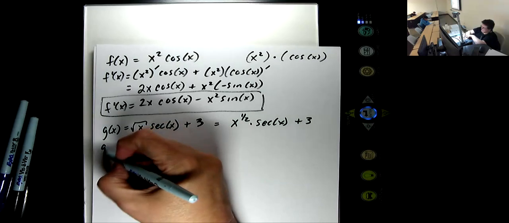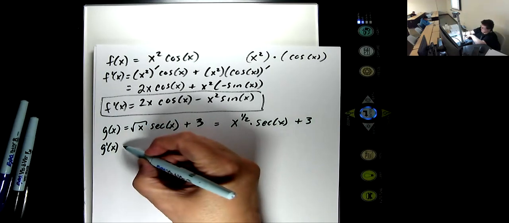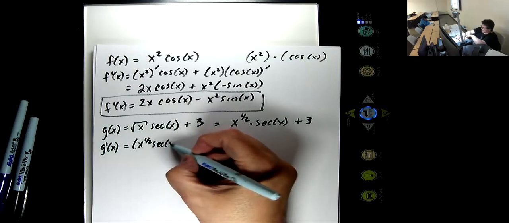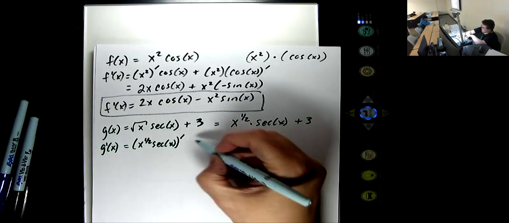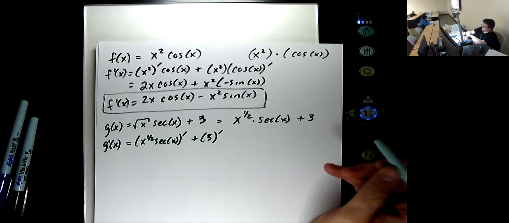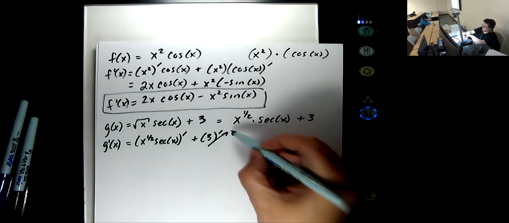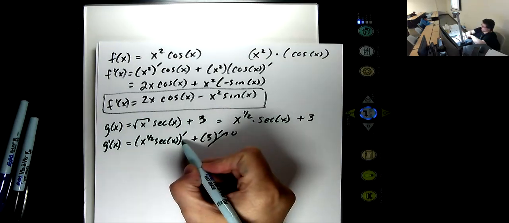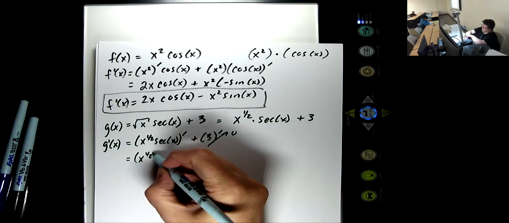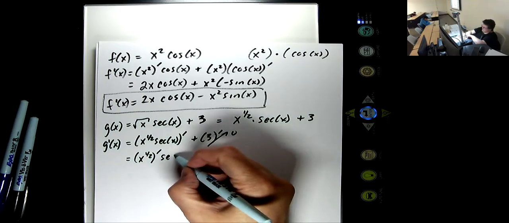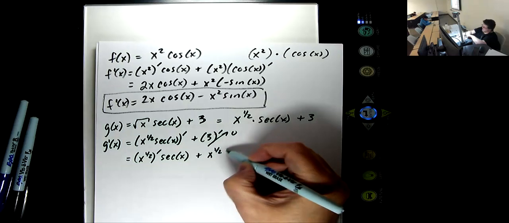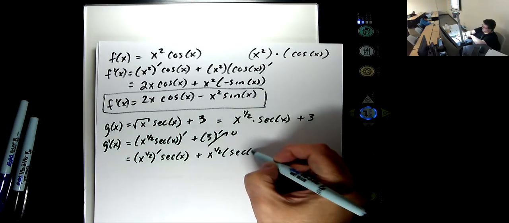When I take g prime of x, we have the derivative of x to the 1/2 secant x plus the derivative of 3, and that one goes to 0. This is going to require the product rule: x to the 1/2 prime secant x plus x to the 1/2 and then secant x prime.